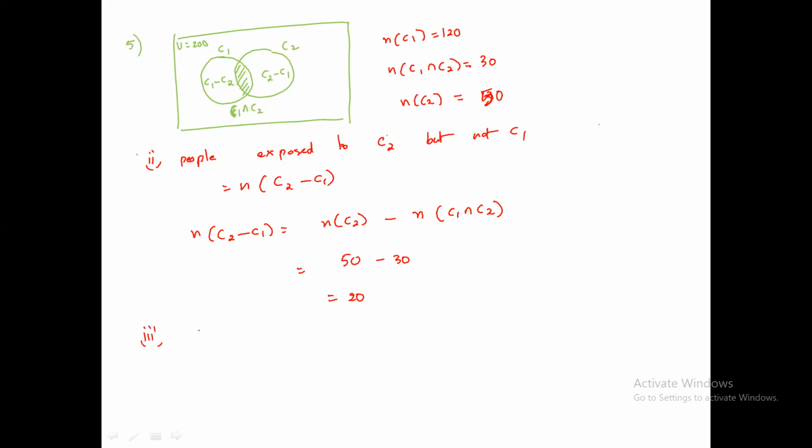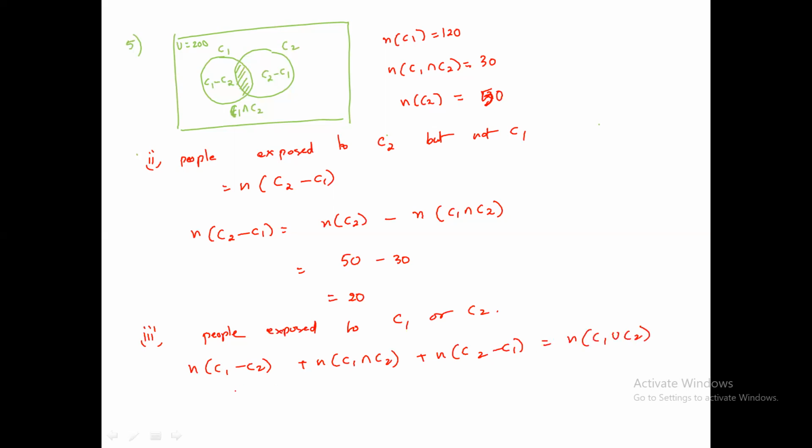The third one, people who are exposed to C1 or C2. Just now I told you, if you add C1 minus C2, add C1 intersection C2, and add C2 minus C1, you will get total C1 union C2.